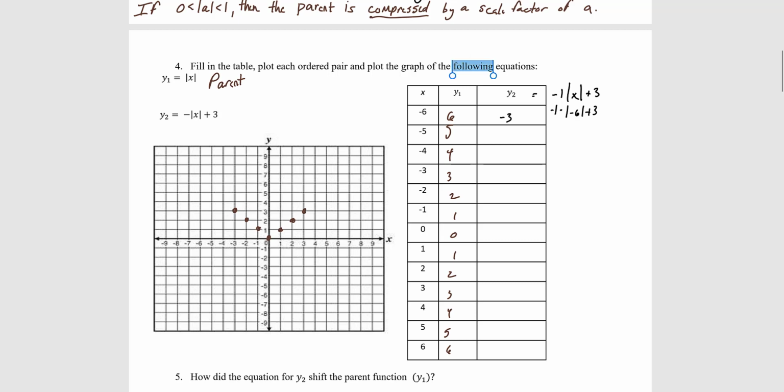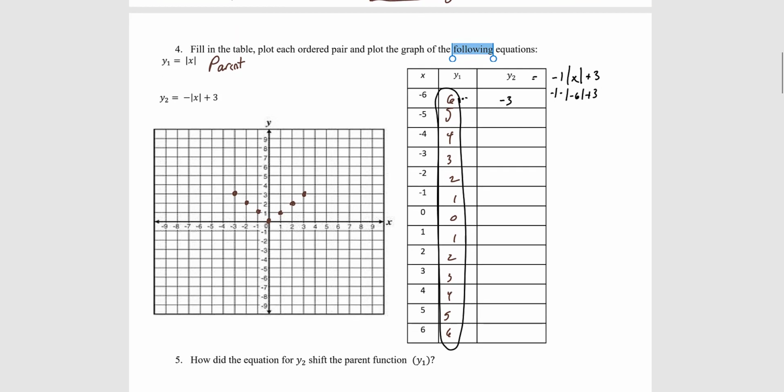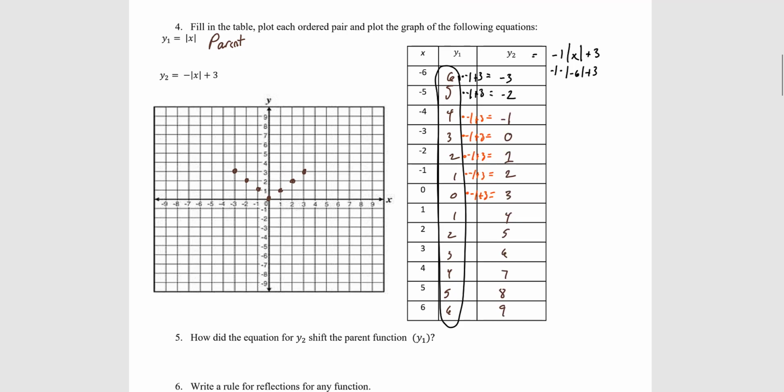So we're taking the absolute value of all these numbers and then adding 3. Or essentially another way to think about it is we're taking all of these y coordinates, we're multiplying them by -1, and then adding 3. So go ahead and do that.